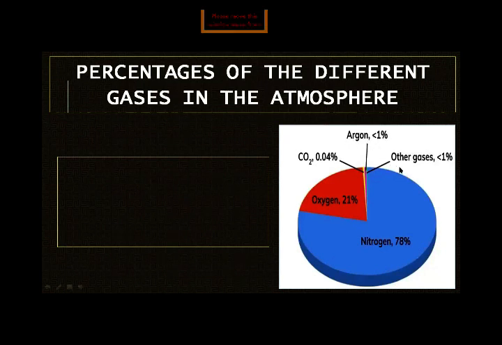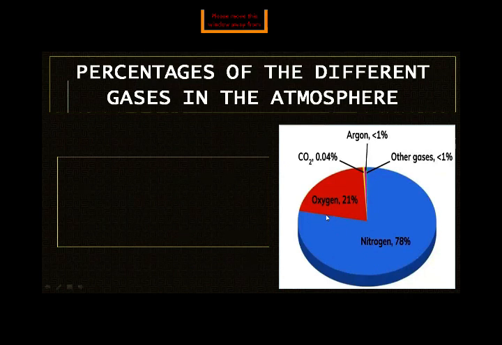Argon is present in the other gases. So 1% is argon and other gases, carbon dioxide 0.04%, oxygen 21%, nitrogen 78%.